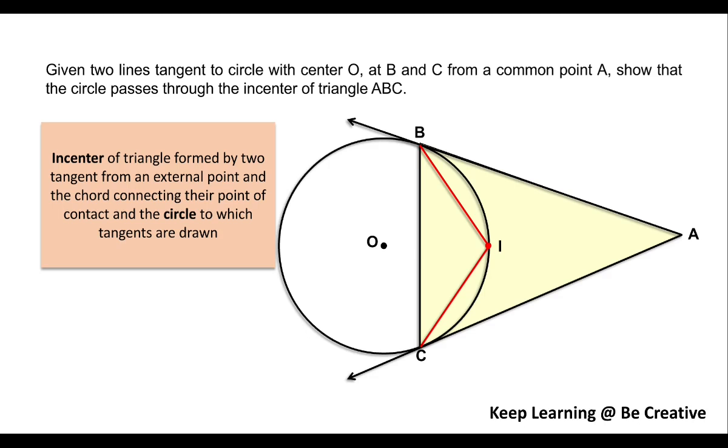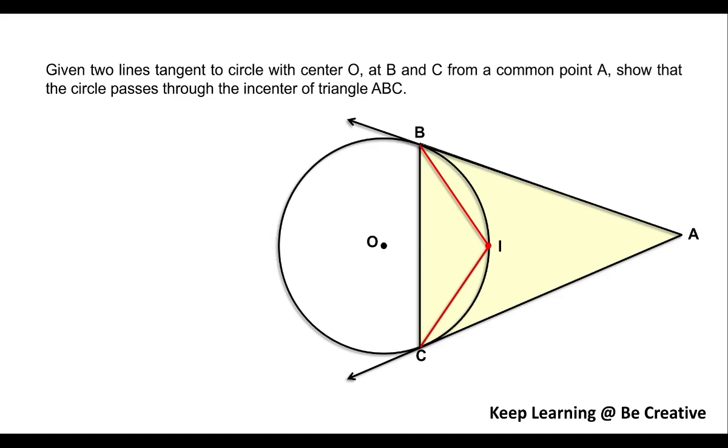Before moving to the solution of this theorem, you should know two more basic theorems related to circles. If you know them, it will be very easy for you to prove this theorem. So let's move first to those two basic theorems.